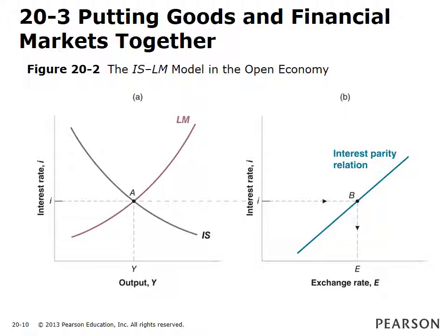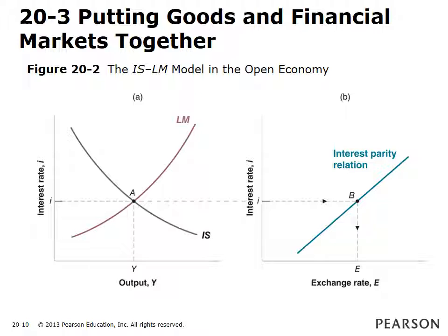Figure 20-2 shows the IS-LM model in the open economy. The IS curve is downward sloping for two reasons. An increase in the interest rate reduces output both directly and indirectly through the exchange rate. The LM curve is upward sloping.